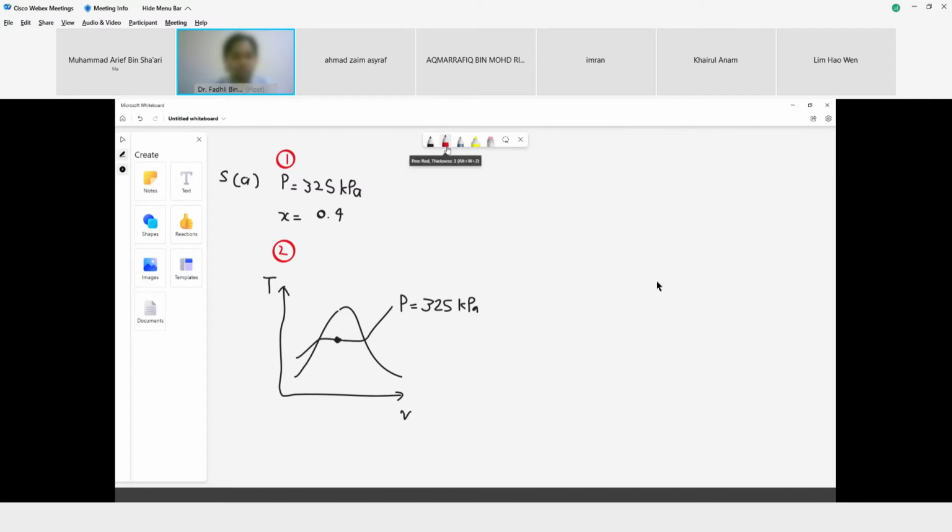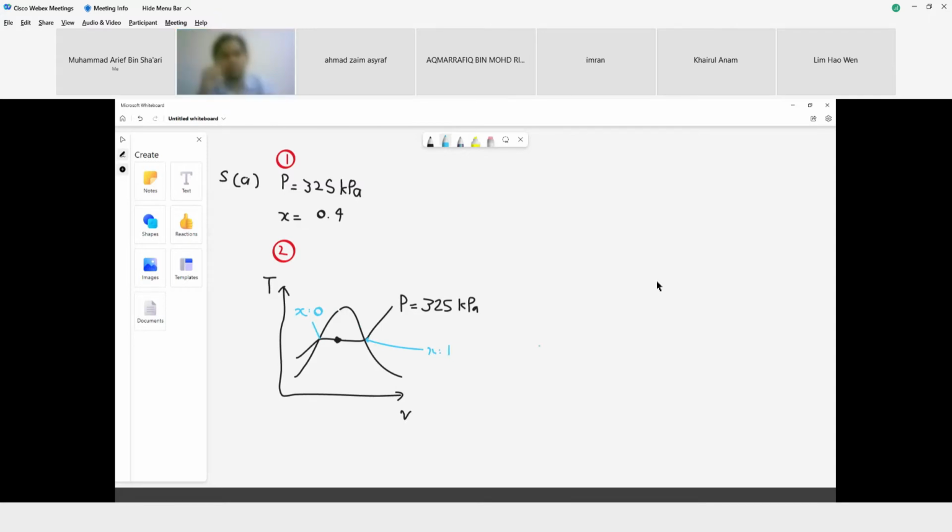Why? Because as we learned in chapter number 2, at this point the value of X is 0, and at this other point the value of X is 1.